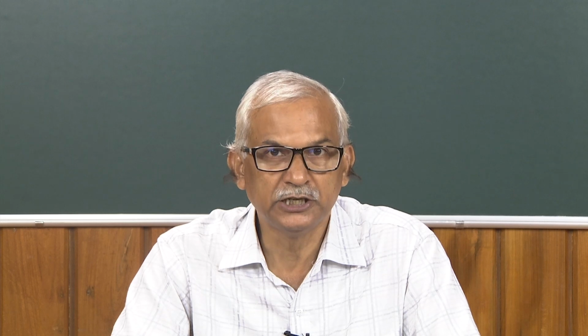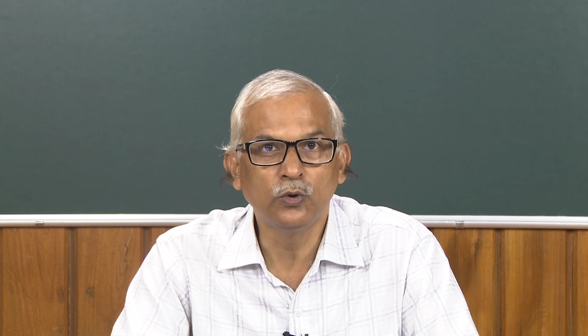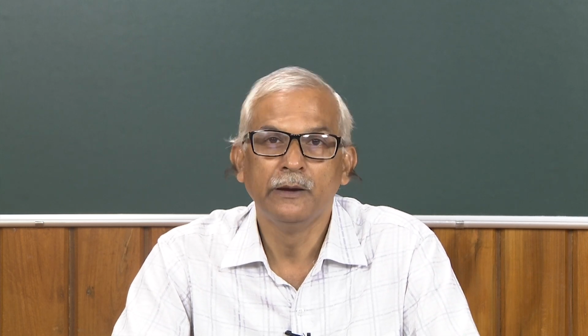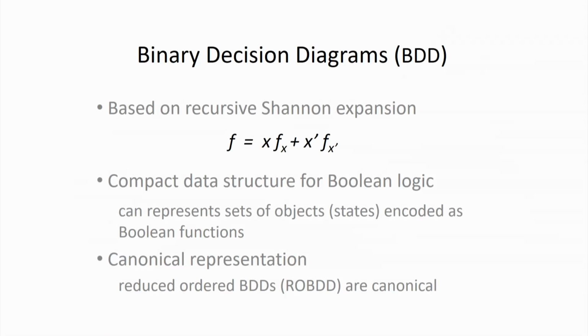Now, to contain this problem, we are going to look at another tool, another approach to represent our system, which is known as BDD, binary decision diagram. So, in a nutshell, what is the basic principle of the BDD?